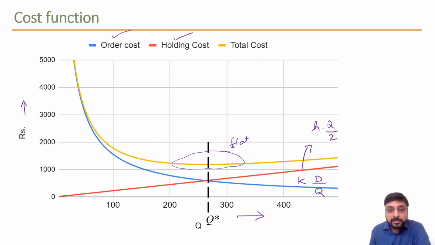What it implies is, even if you're not able to take the exact Q star value, that is 263.31 in our case, for values close to it the total cost doesn't change much. So even if you're a little away from the optimum, the system still performs reasonably well.